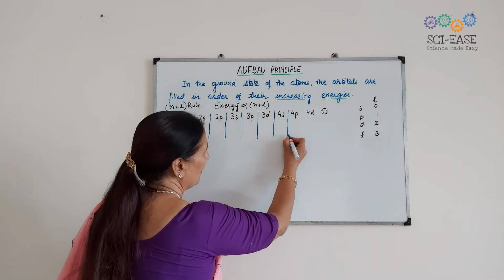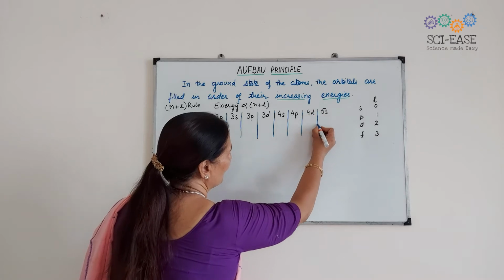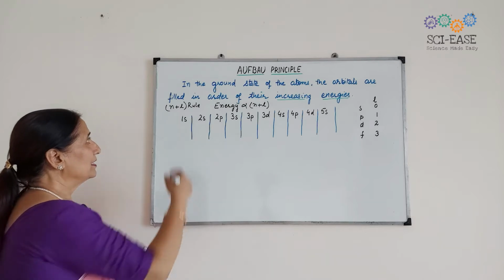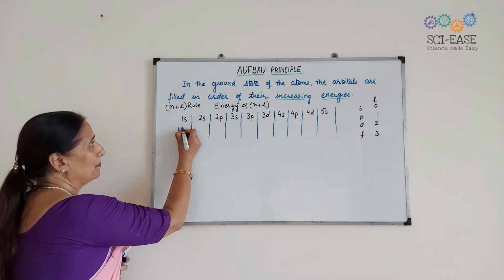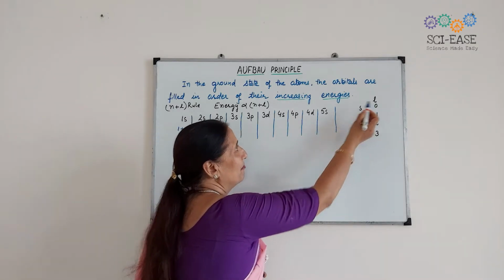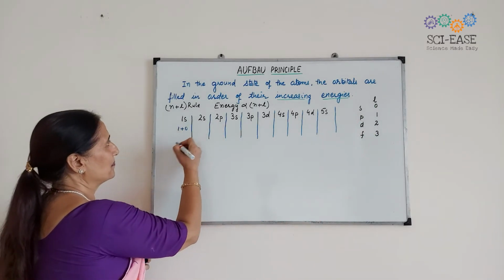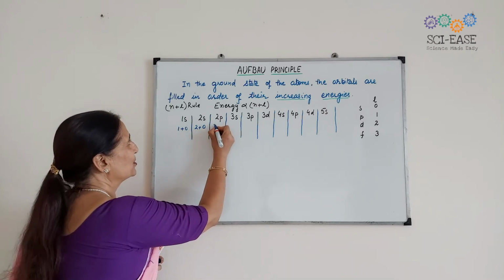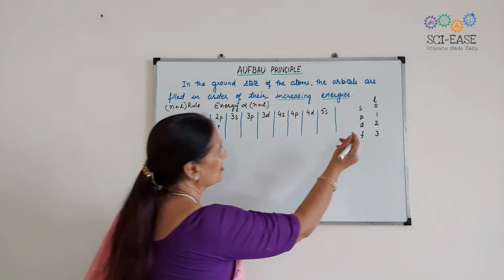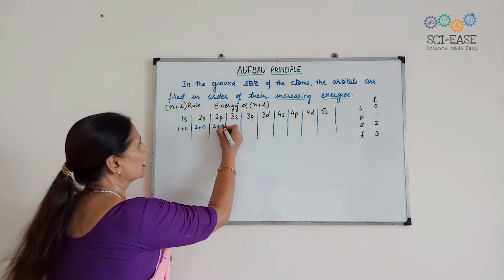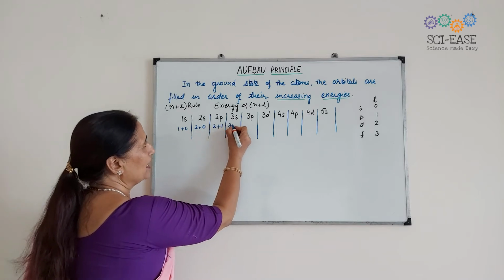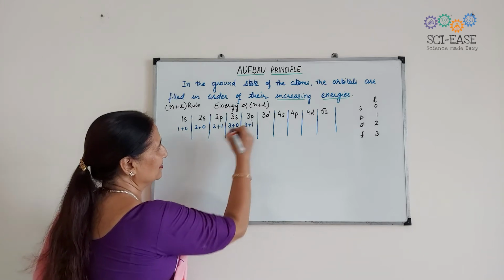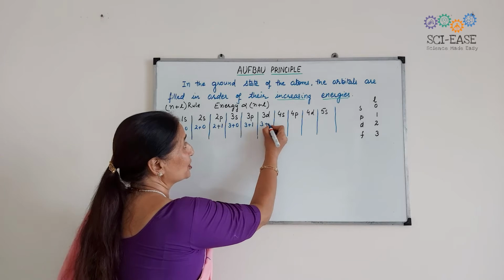And now calculate n plus l for each orbital. For 1s: 1 plus 0. For 2s: 2 plus 0. 2p: 2 plus 1. 3s: 3 plus 0. 3p: 3 plus 1. 3d: 3 plus 2.